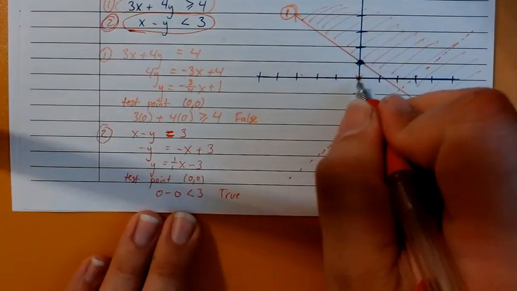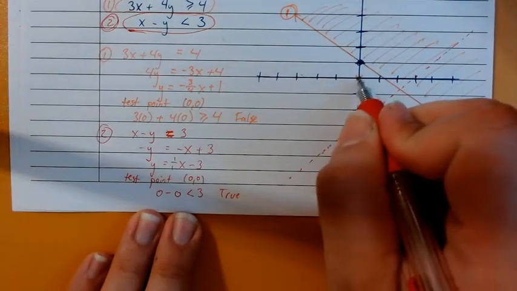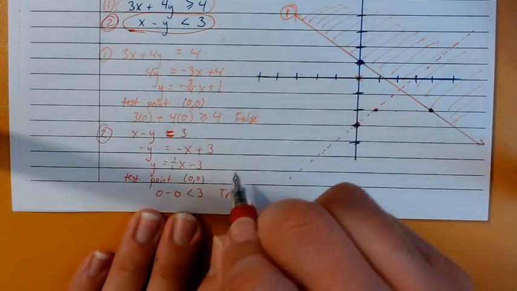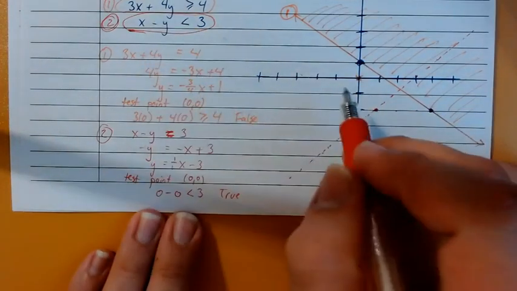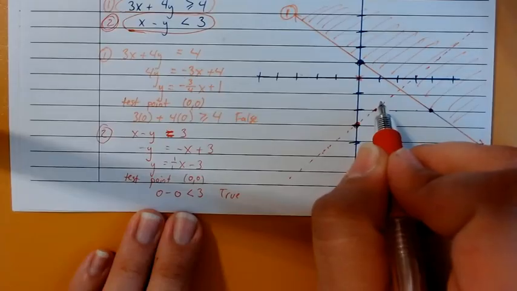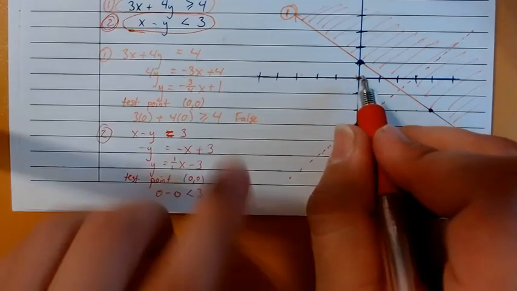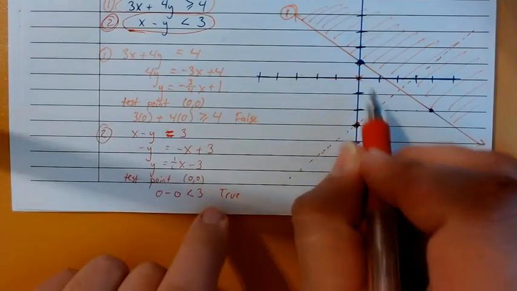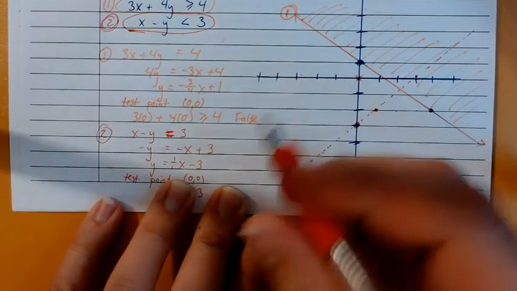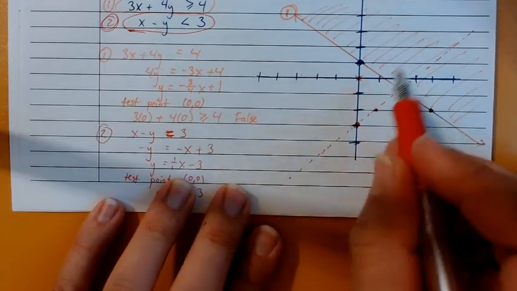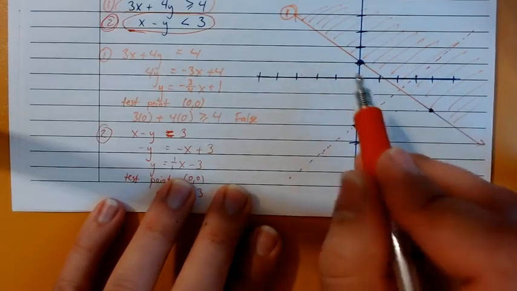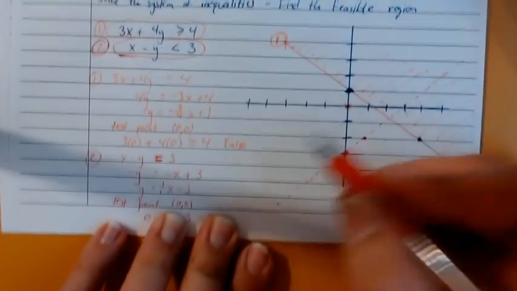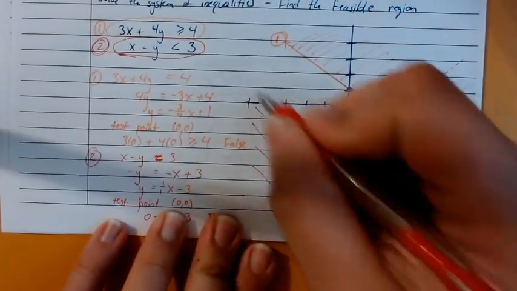So that means that the origin is a valid solution to this inequality, which means that we want the points that are toward the origin. Notice, when it's false, we want to go away from the point. But when it's true, we want to go toward the point. So now we're going to consider our solutions to be everything that's above and to the left of this dotted line right here. All right, so I'm going to shade that in that way.